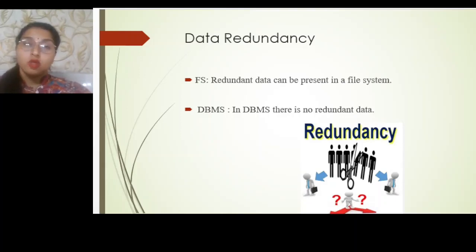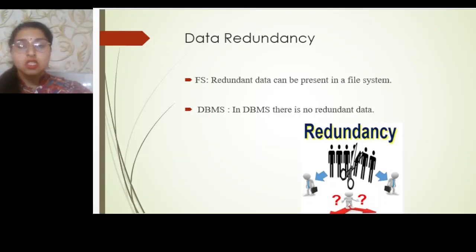If you want to store the same file in the same directory, you just rename it. So over here you are going to store the same kind of data again and again. But in the database management system, you can reduce the redundancy, because various constraints are present.